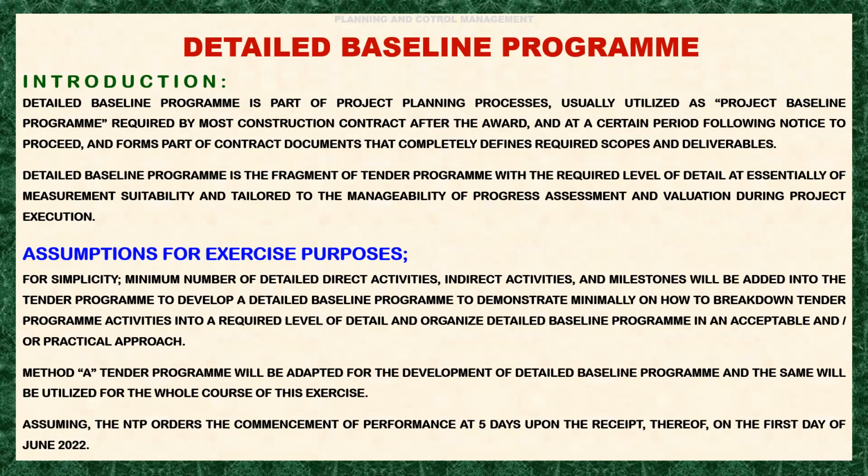We shall disintegrate direct and indirect activities into a lower level of detail, in other words, into smaller units of work. So assuming this is our draft for the activities breakdown from tender activities, expanding into detail as shown here.